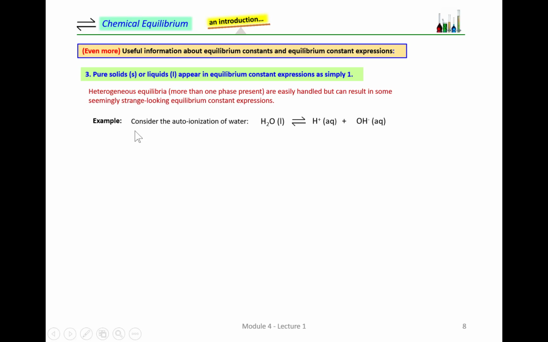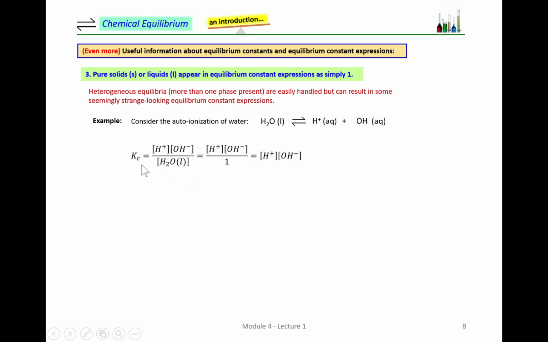The autoionization of water is an equilibrium we'll deal with in future chapters. Liquid water is actually capable of decomposing into dissolved aqueous H plus and aqueous OH minus ions. This comes to equilibrium, and we can write an equilibrium constant for it.